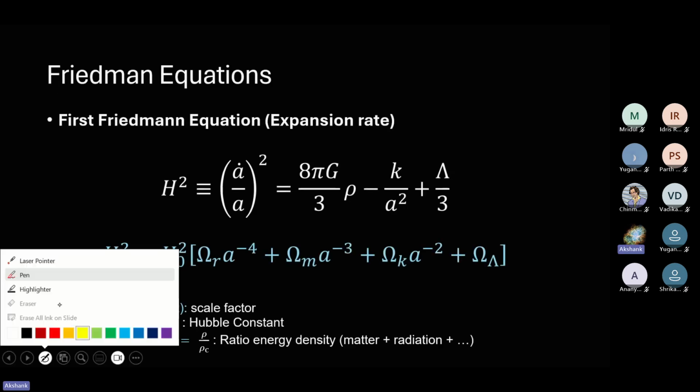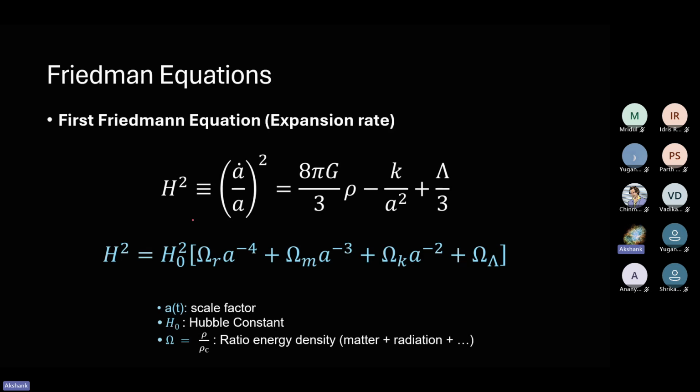This is the last topic for today. And it's simply, we go back to the first Friedmann equation. You had the Hubble parameter H, which is a function of time t. Now you can calculate this Hubble parameter using today's H naught and the radiation density, matter density, curvature density, and the dark energy density. What are these things?